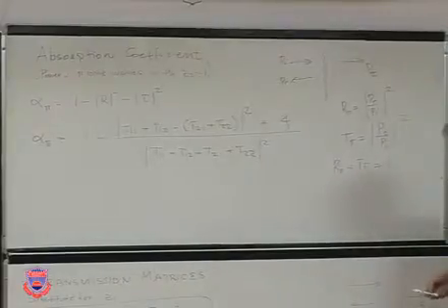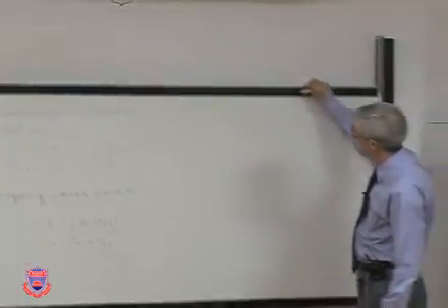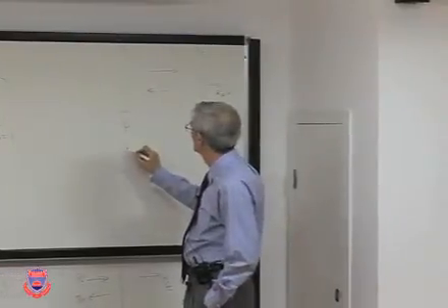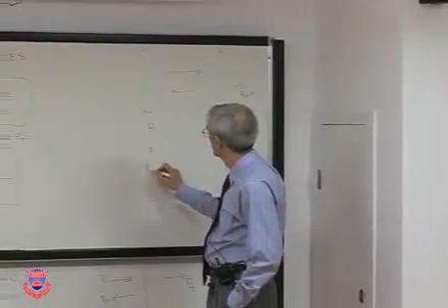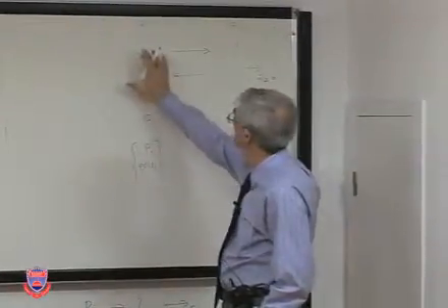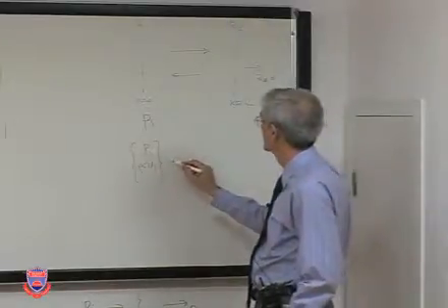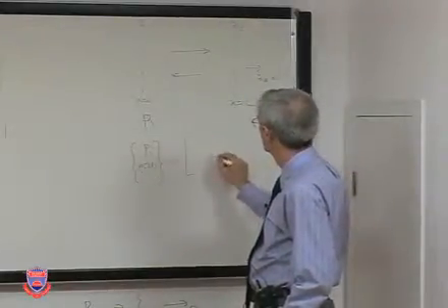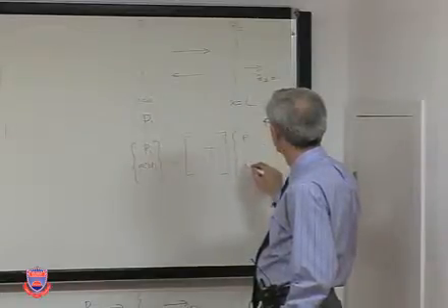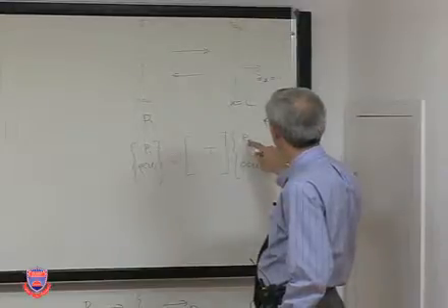Now, a moment ago we said we are able to represent the pressure and velocity state at one point in terms of the pressure and velocity state at another.